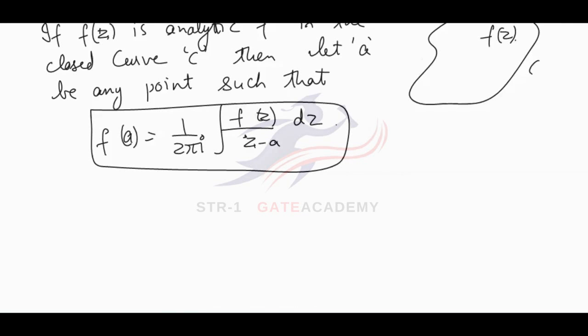This can also be extended to the nth derivative, right? Supposedly f dash of A will become 1 factorial upon 2 pi i into the integral of f(z) upon (z minus a) the whole squared.